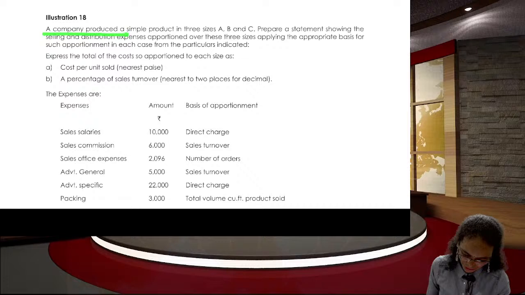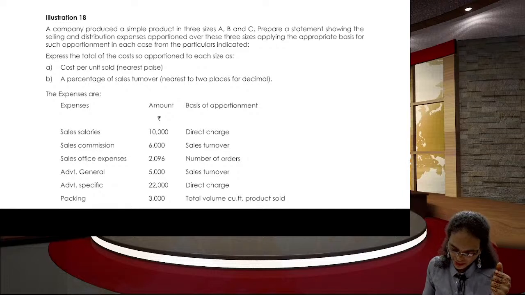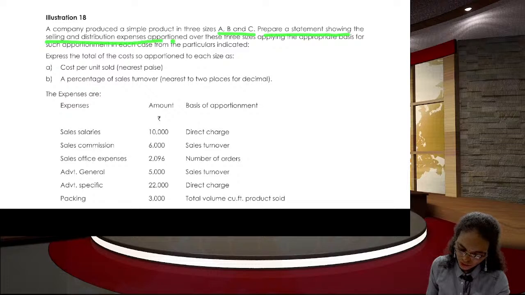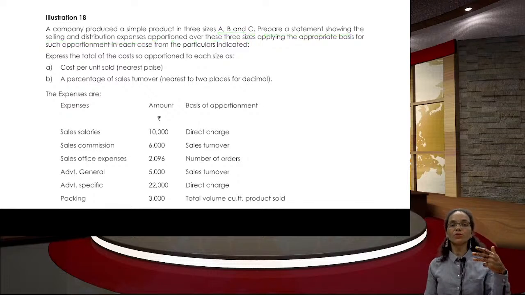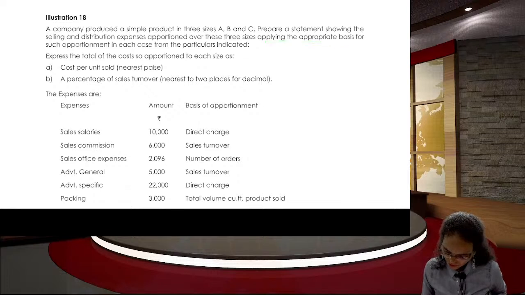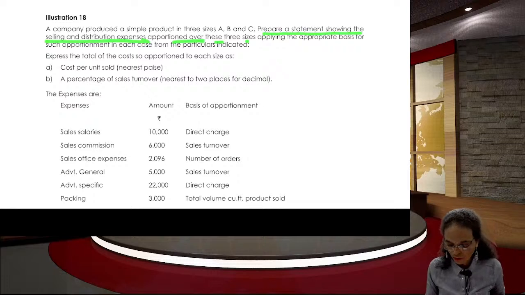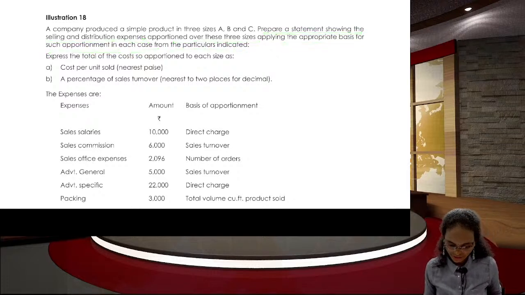A company produced a single product in 3 sizes, size 1, size 2, size 3, that is A, B, C. Prepare a statement showing the selling and distribution overhead expenses apportioned over these three sizes, applying the appropriate basis for such apportionment in each case from the particulars indicated.